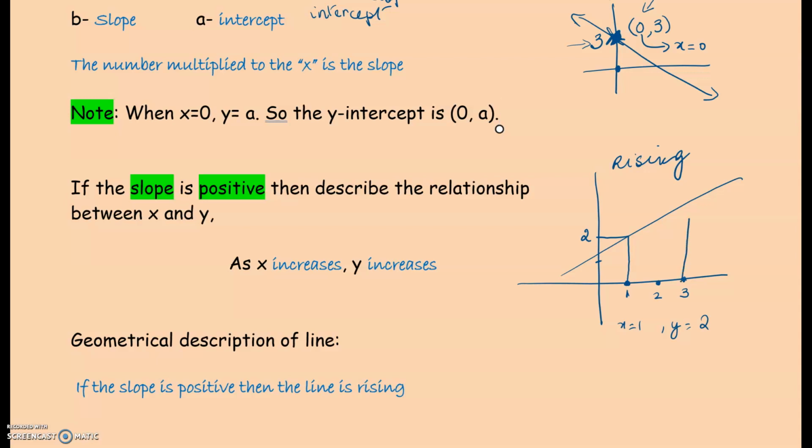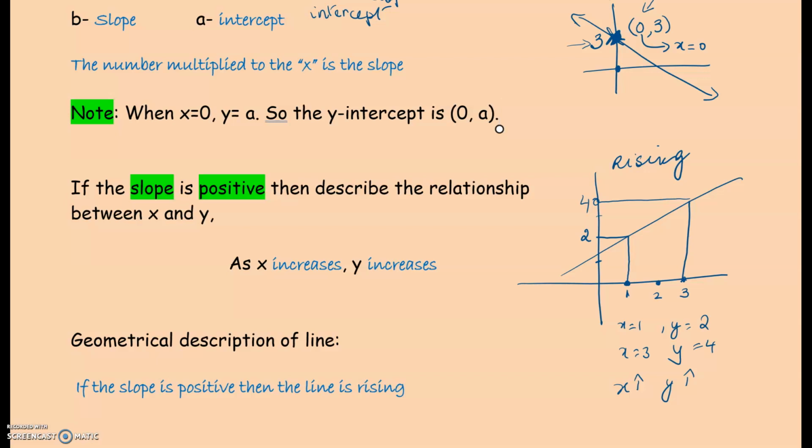Let's increase x to 3, and y increases as well. Let's say when x is 3, y is 4. So as we increase x, y increases as well, and that's how we get a rising line.